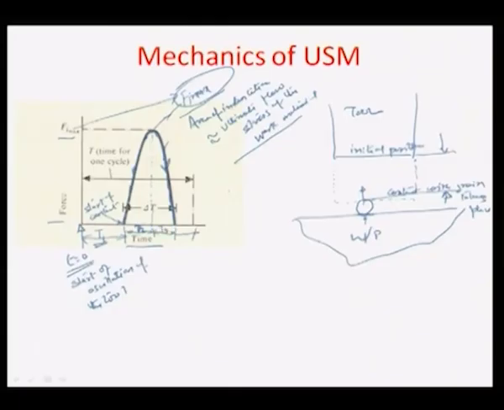And after t3 is passed, the tool leaves contact from this point and goes back to its original position or the mean position, because it is an oscillating tool. Okay. So, this is the whole time cycle for the tool and the force versus time plot.